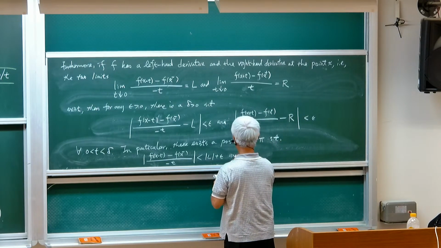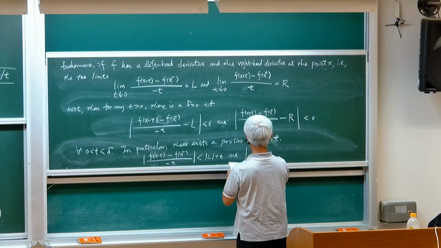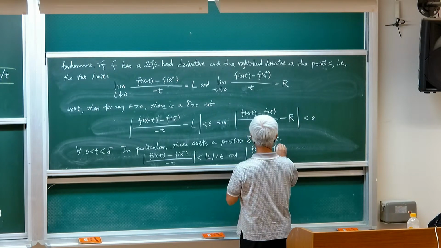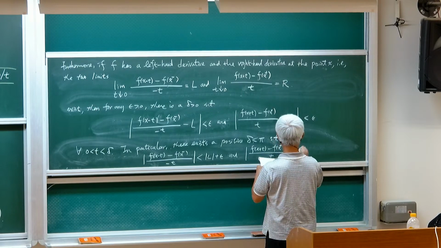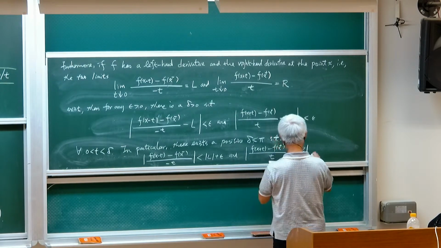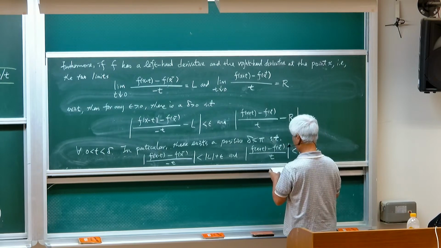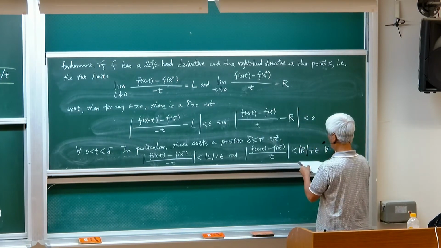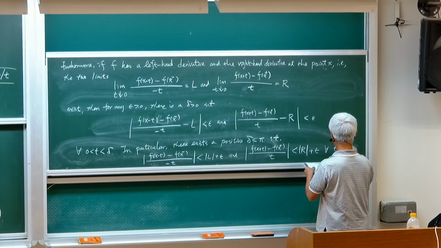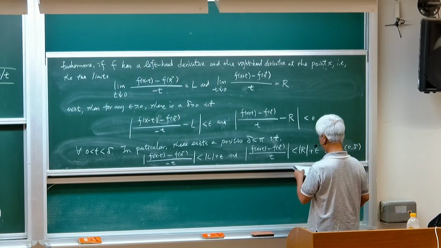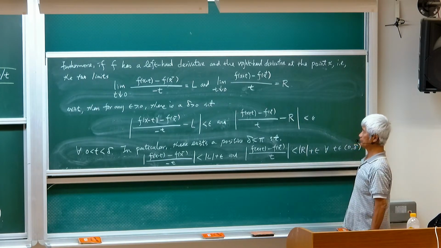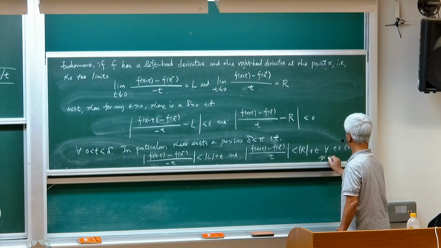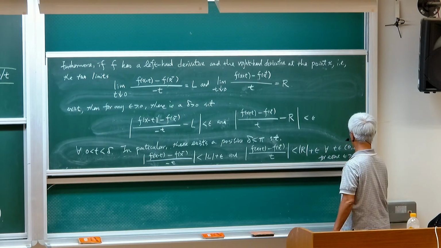And also, (f(x + t) − f(x+)) / t is less than |R| plus epsilon, for all t in 0 to delta, for some epsilon greater than 0.